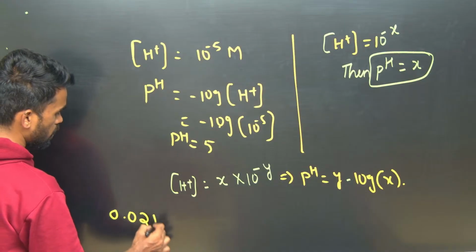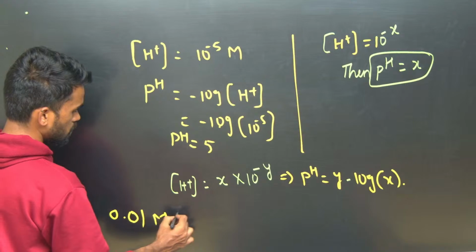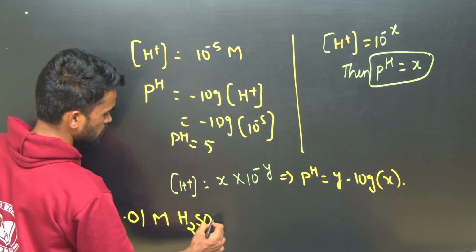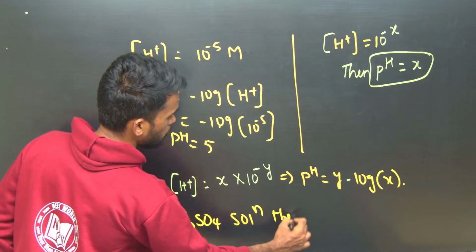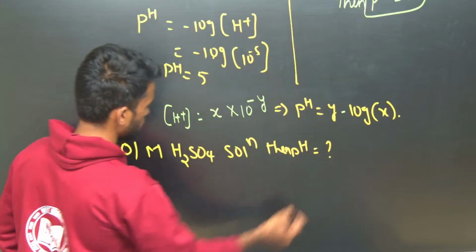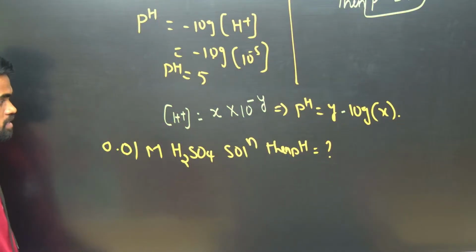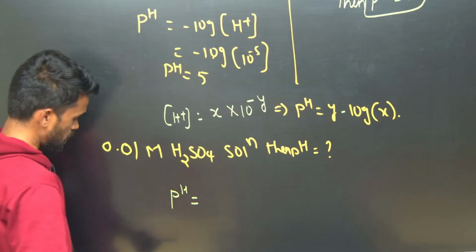So for example, 0.01 molar sulfuric acid solution is given, then what is the pH for this? 1.98? So how do we do this? pH will be taken as minus log of the concentration of H plus ion.